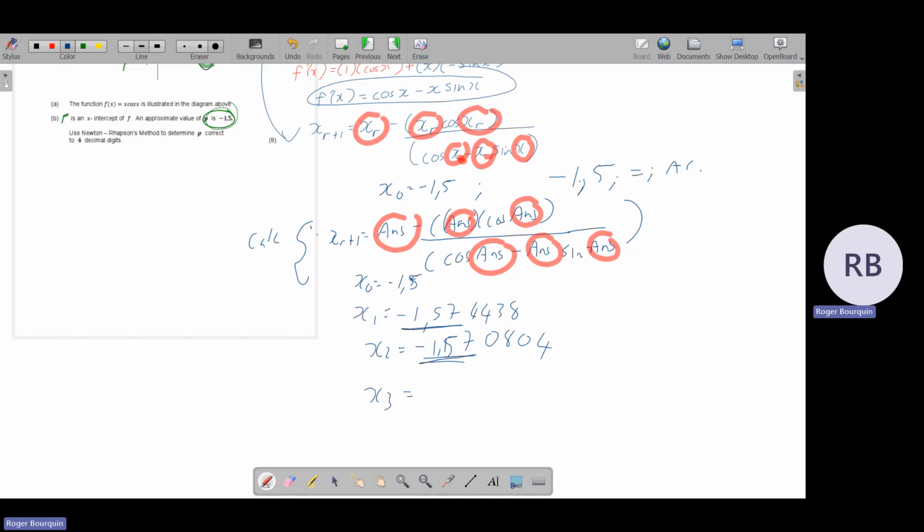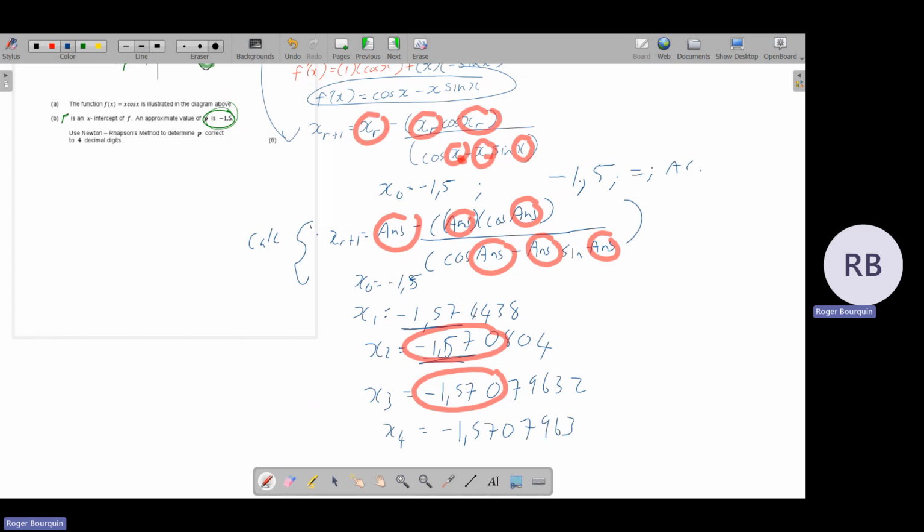x3 is equal to negative 1,5706579632. So now we've got it correct up to 3 decimal digits, those repeat. And then x4 is equal to negative 1,5707963.